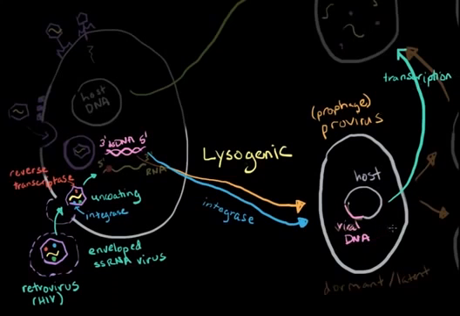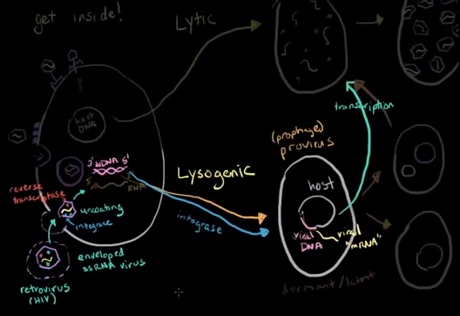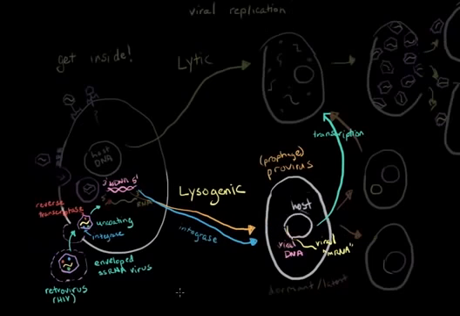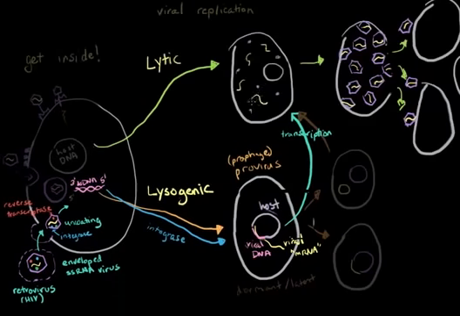So since the host cell thinks this is normal DNA, it will make RNA, and I just wanted to call this viral mRNA so you have an idea that the cell cannot tell that this mRNA shouldn't have happened. So this mRNA exits the nucleus, and these viral RNAs are now in the cytosol.